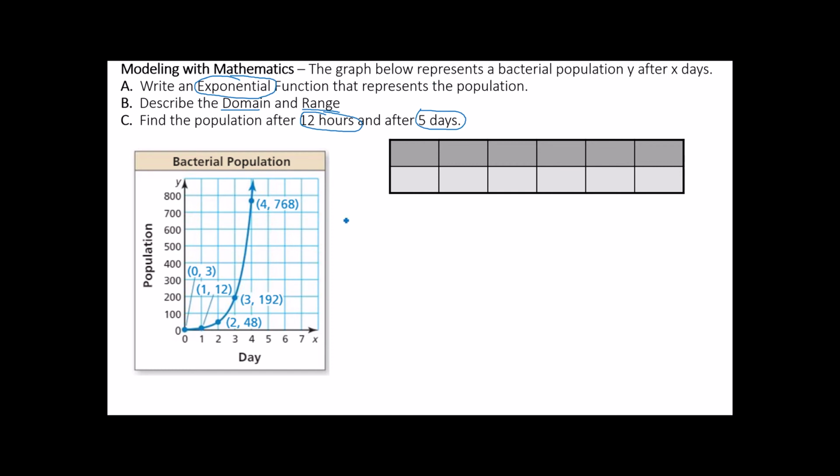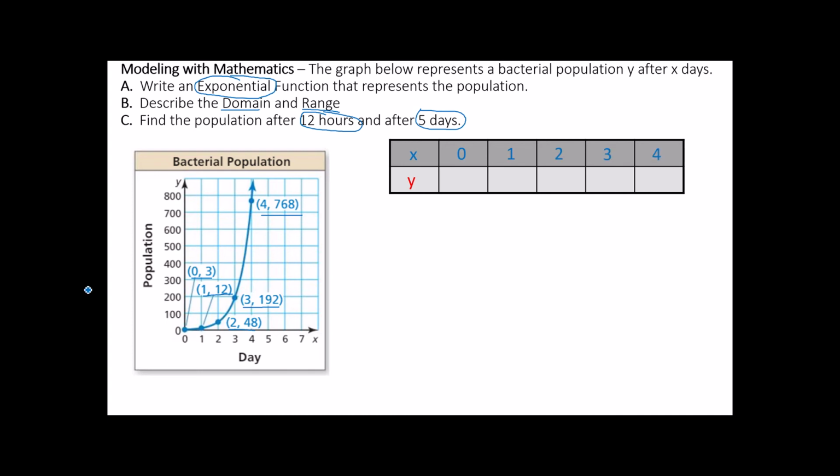You can do this from just the graph without making the table. If you can look at (0, 3), (1, 12), (2, 48), (3, 192), and (4, 768), if you can see how the rate of change is growing, you could do it without the table. Also, you need to be able to find the starting point. I'm going to go ahead and fill in the table just for the sake of discussion.